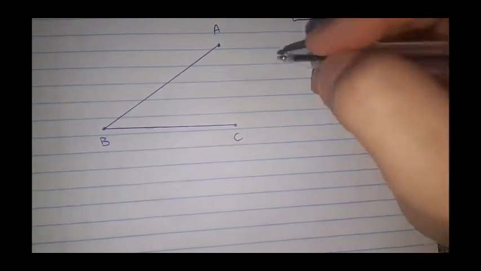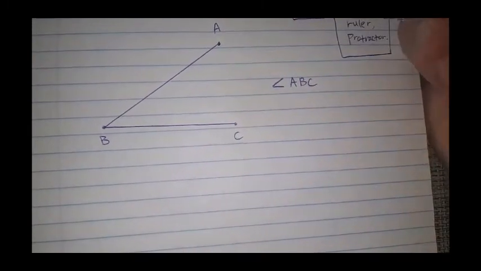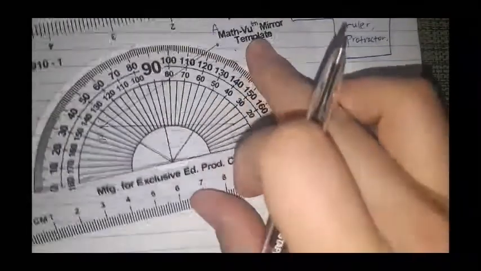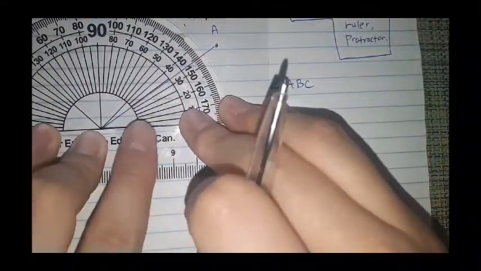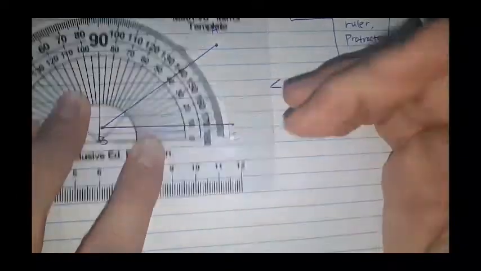First things first, let's identify the angle created at vertex ABC using my protractor. I locate the center, and I can identify that it is about 34 degrees.